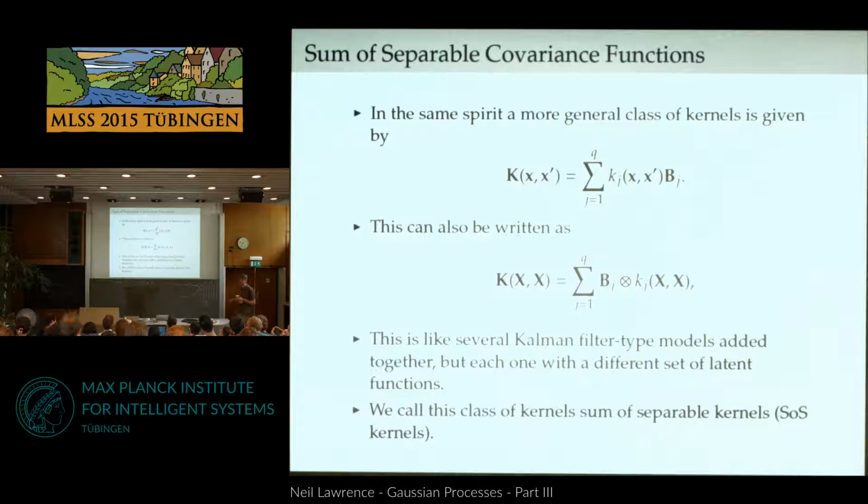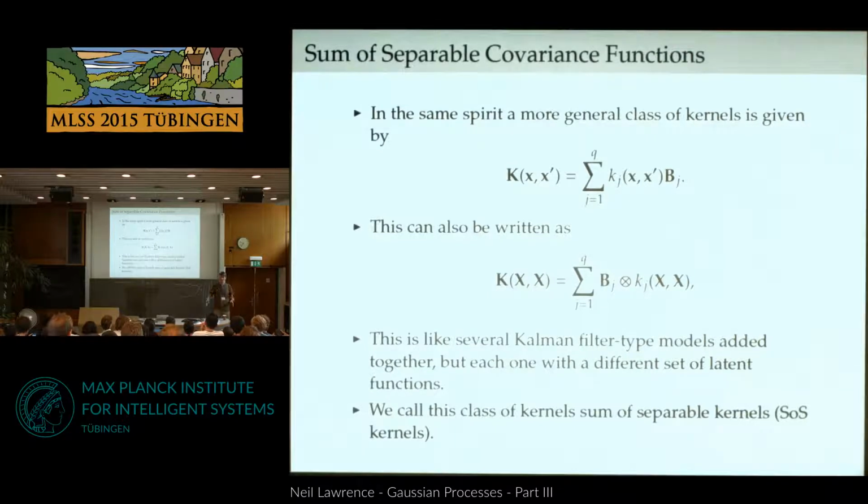Now, you can't do this with Kalman filters. It doesn't lead to anything interesting, because adding multiple Kalman filters together just gives you something that looks like a Kalman filter. But here's an extension of this model where you have different covariance functions being multiplied by this B. So this would be like several Kalman filters added together.